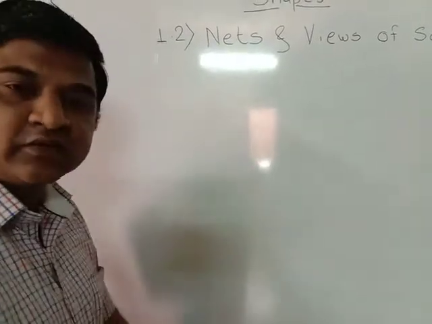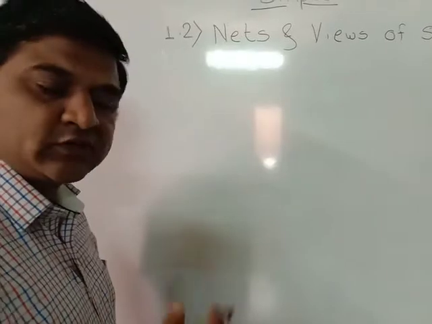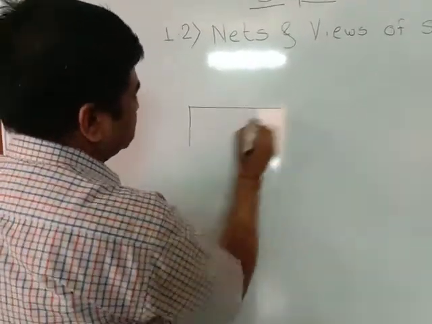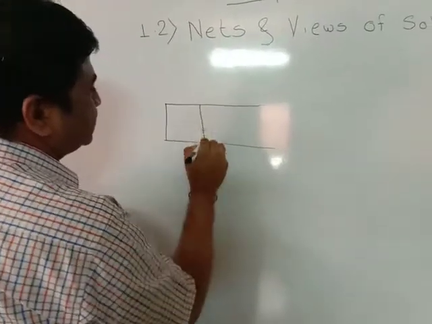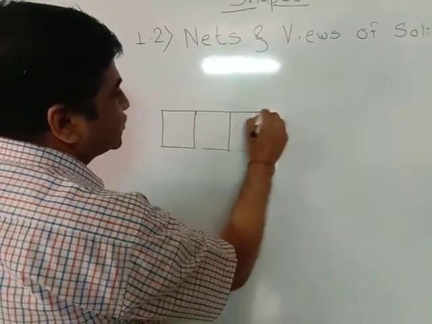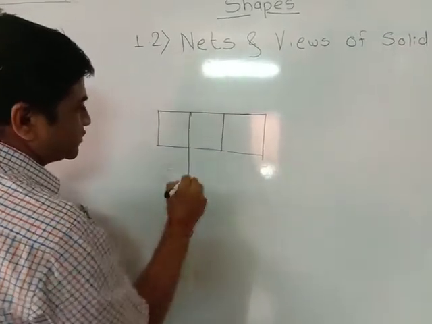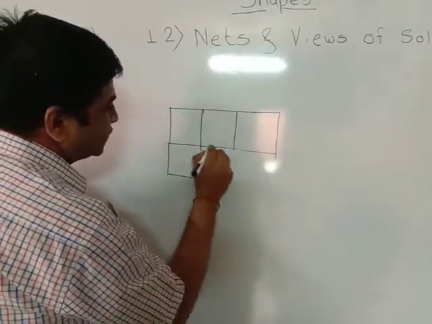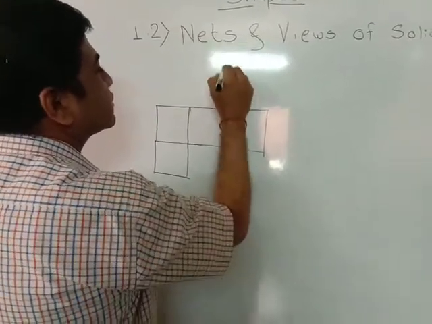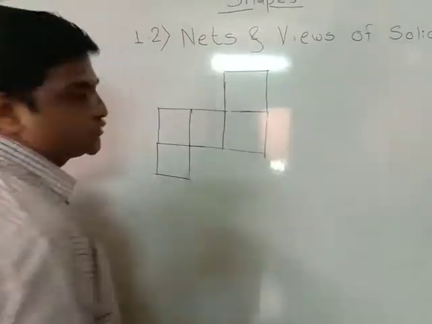We're starting with a net of a cube. Suppose a figure is given which is having 1 2 3 4 and 5 squares.